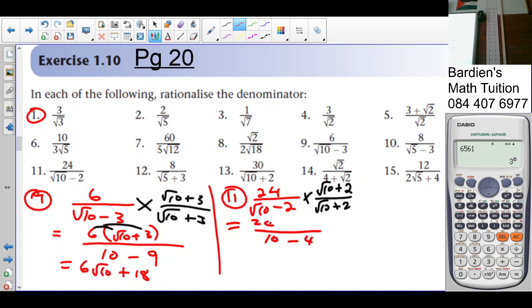So it's going to be 24 into root 10 plus 2. Now what is 10 minus 4? 6. 6 goes into 6 once, 6 goes into 24 4 times. Can you see the benefit of keeping it like that? Which is now going to give us 4 times root 10 is 4 root 10, 4 times 2 is 8.